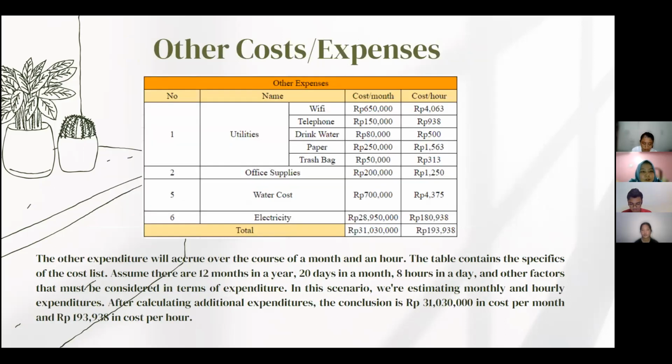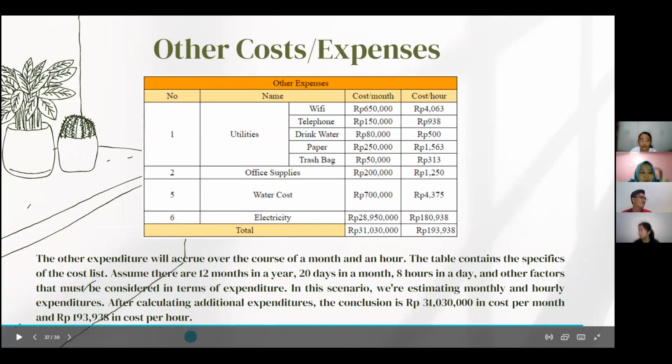And here is the other cost or expense. The other cost expenditure occurs over the course of a month and an hour. The table contains the specifics of the cost list. Assume there are 12 months in a year, 20 days in a month, and 8 hours in a day, and other factors that must be considered in terms of expenditure.